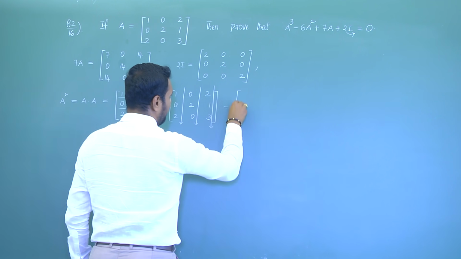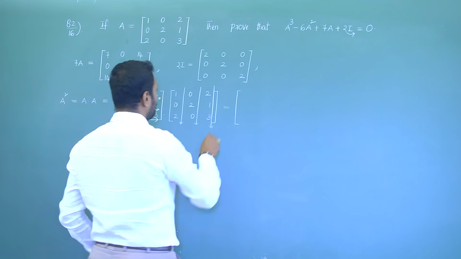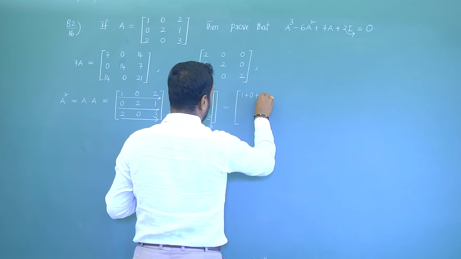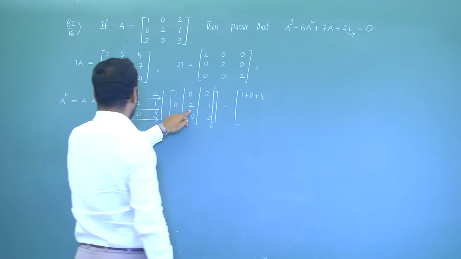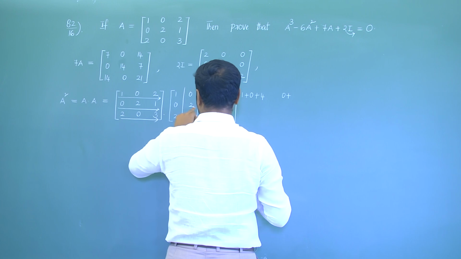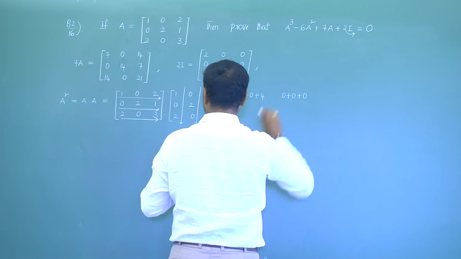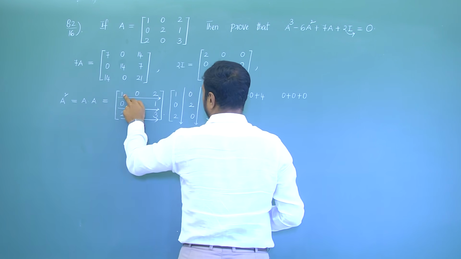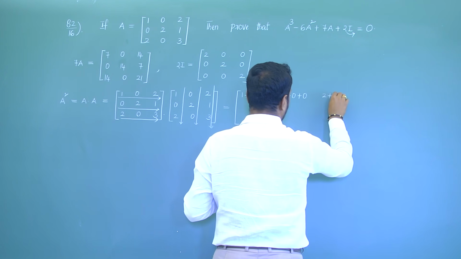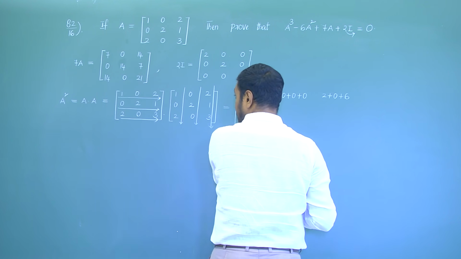So first row, first column: 1 into 1, 1 plus 0 plus 2 into 2, 4. First row, second column: 1 into 0, 0 plus 0 into 2, 0 plus 2 into 0, 0. First row, third column: 1 into 2, 2 plus 0 into 1, 0 plus 2 into 3, 6.